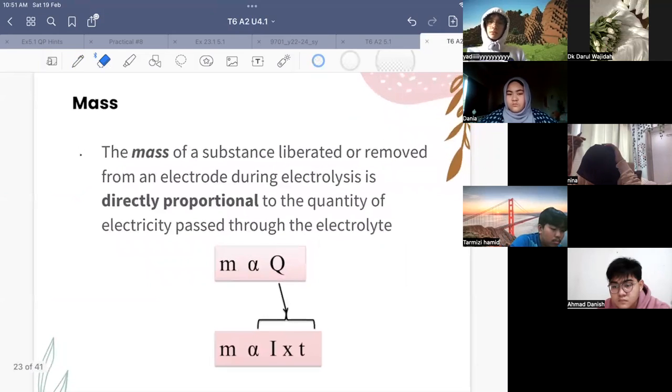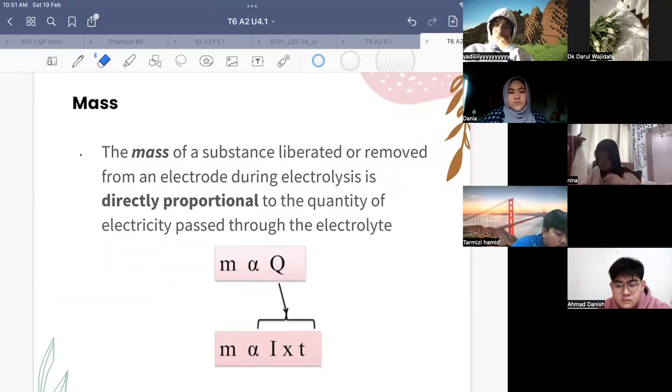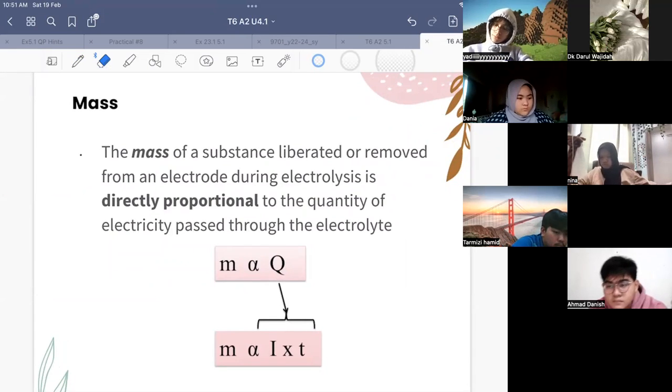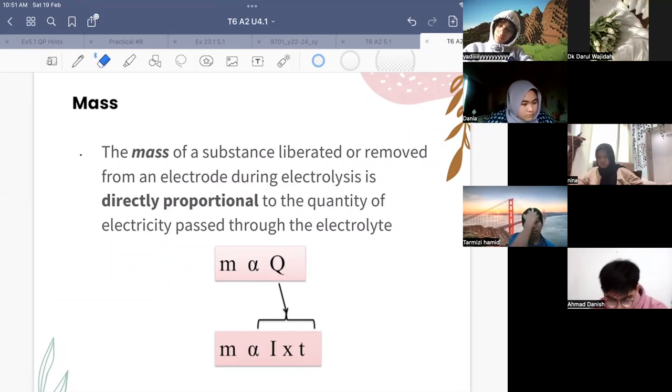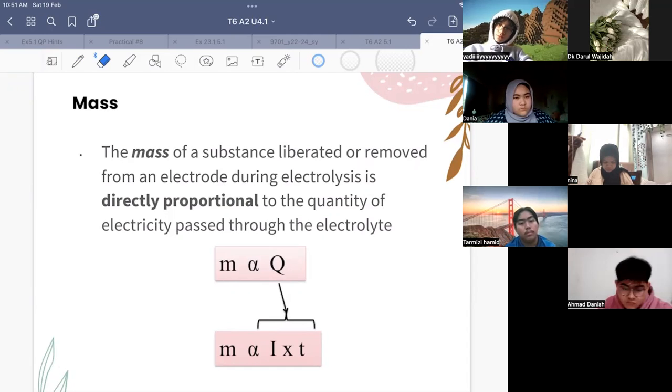The mass of substance that is produced or removed from an electrode during electrolysis. Just now you saw that during selective discharge, we can produce gases at the electrode like oxygen or hydrogen gas. We can also produce copper deposits, a copper coating on your electrodes, or we can lose mass where your copper electrode is being oxidized.